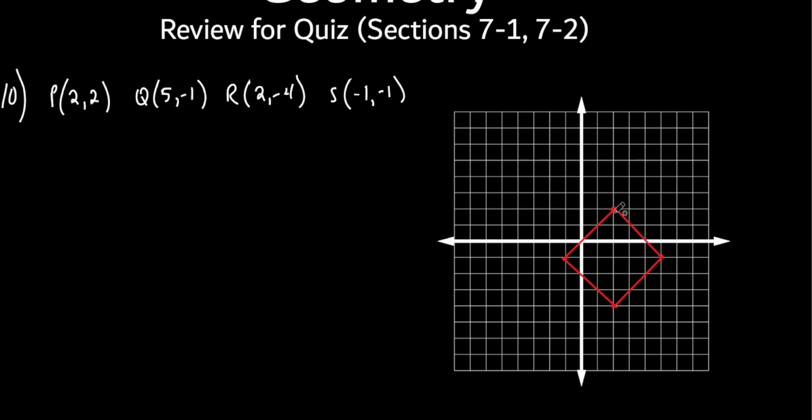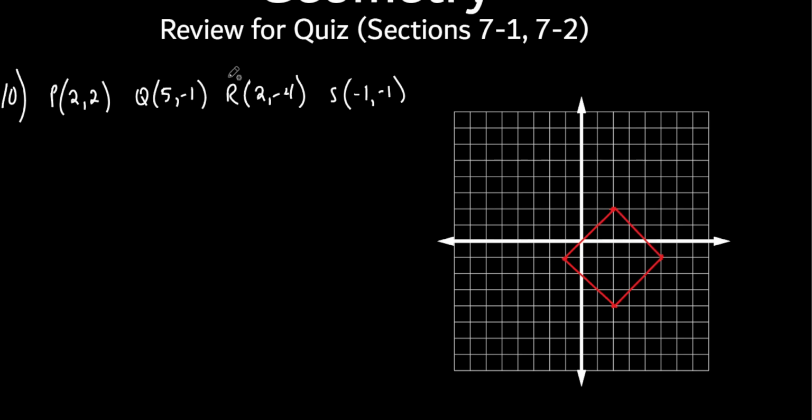What's another thing that we learned about a square? Might be a little easier. Because look, if I was to say that all the sides are equal, what am I going to have to do? I'm going to have to do the distance formula 4 times, right? And if I want to see that they're perpendicular, I'd have to find the slopes of all 4 of these and see if they're negative reciprocals. That's like 8 things I'd have to do, isn't it?